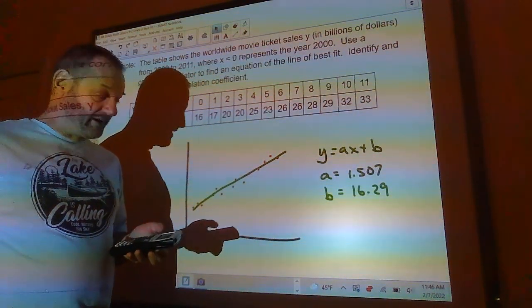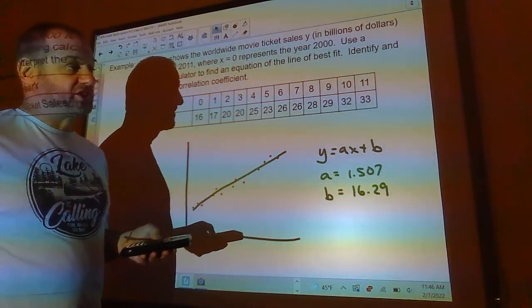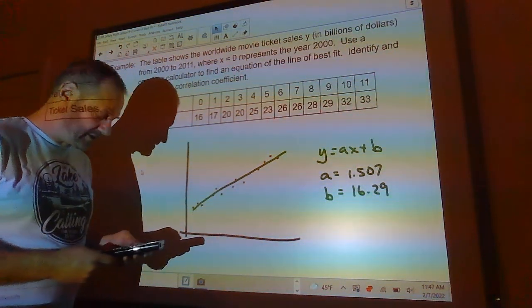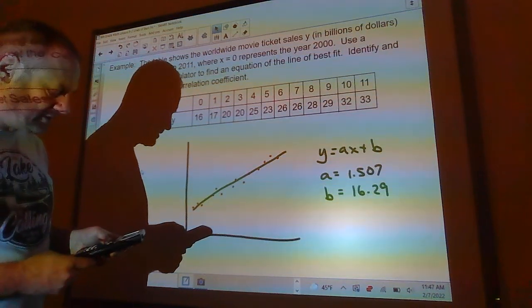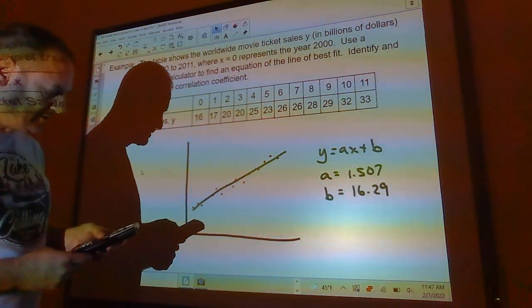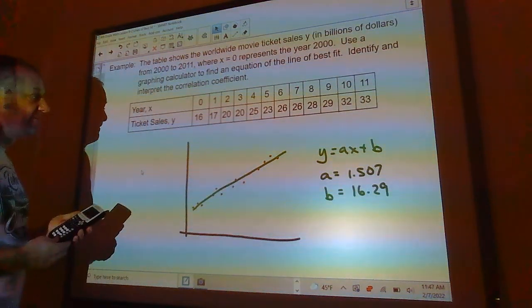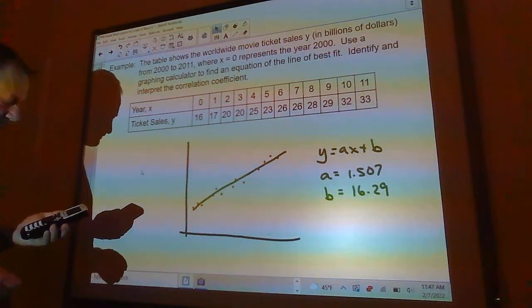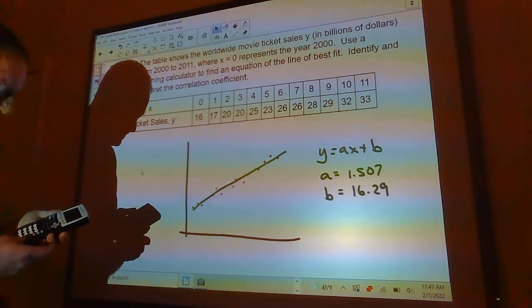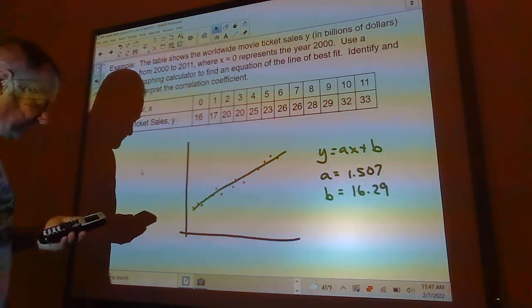Now I'm going to calculate my R value. I push Stat again, arrow over to Tests, and arrow down until I see linear regression t-test. In this calculator, it's F. Hit enter, arrow down to Calculate, and hit enter again.